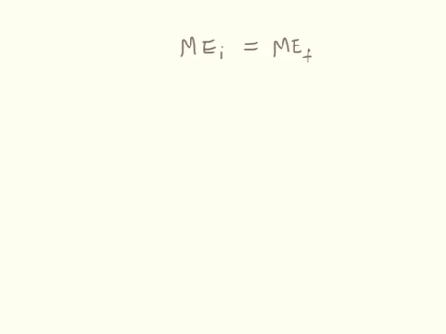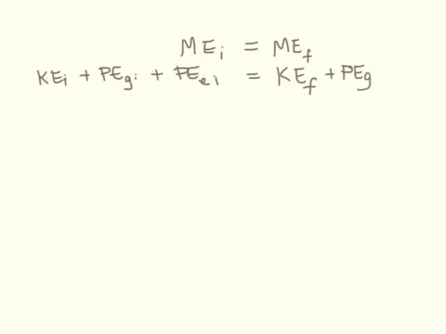On the left side, we could replace the initial mechanical energy with the initial kinetic energy plus the initial gravitational potential energy plus the initial elastic potential energy. And on the right side, we could do the same thing. The final kinetic energy plus the final gravitational potential energy plus the final elastic energy.